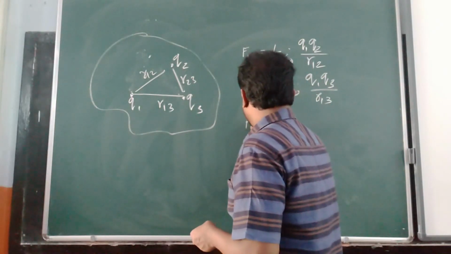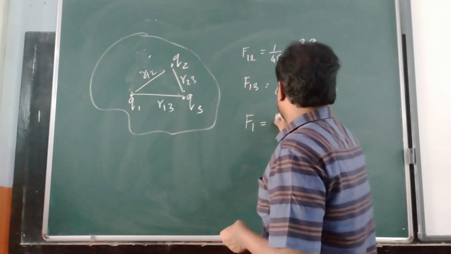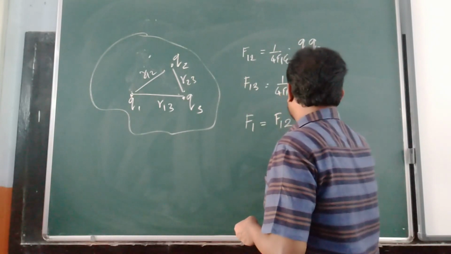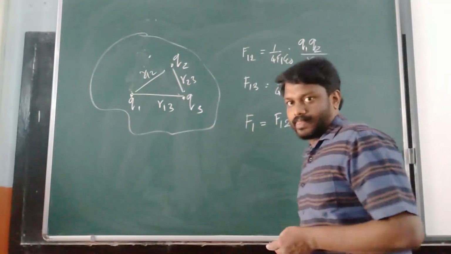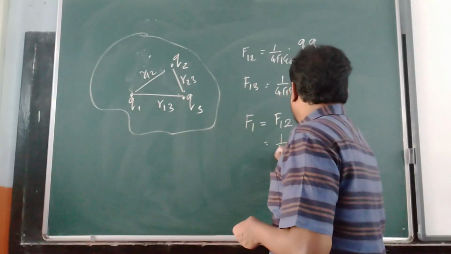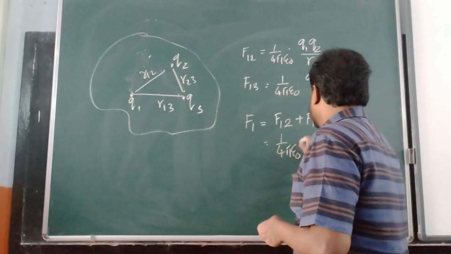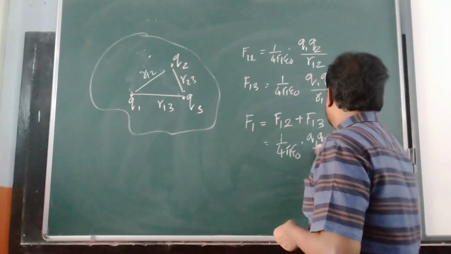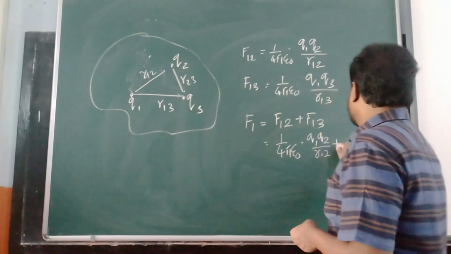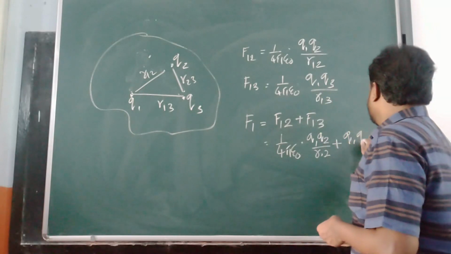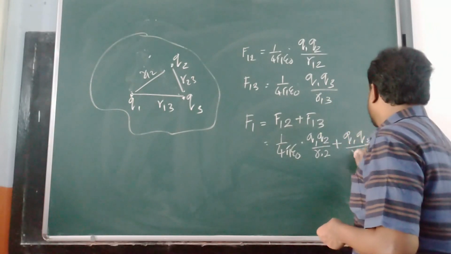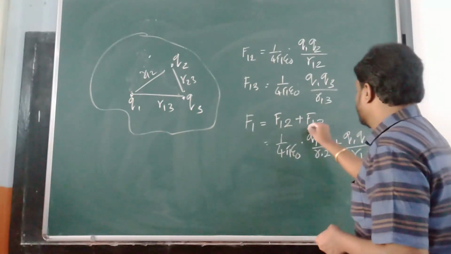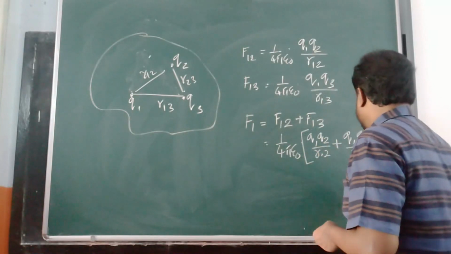Total force on the first will be F12 plus F13, which is equal to 1 by 4 pi epsilon 0 times Q1 Q2 divided by R12 plus Q1 Q3 divided by R13.